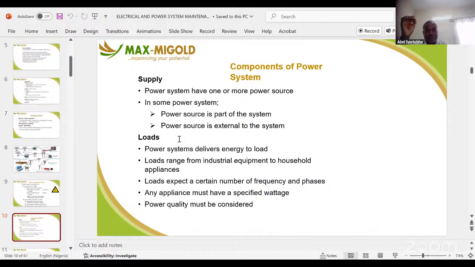Any appliance must have a specific wattage, like your electric iron. That's why they say AC 2 horsepower, 1.5 horsepower. So they are designed to operate at certain power. What 2 horsepower can do, 1 horsepower cannot do. And the volume of electricity that is needed to drive your 2 horsepower is higher than that of 1 horsepower and 1.5 horsepower. So when you are asked to specify which equipment to buy, you have to know the size of your generator.